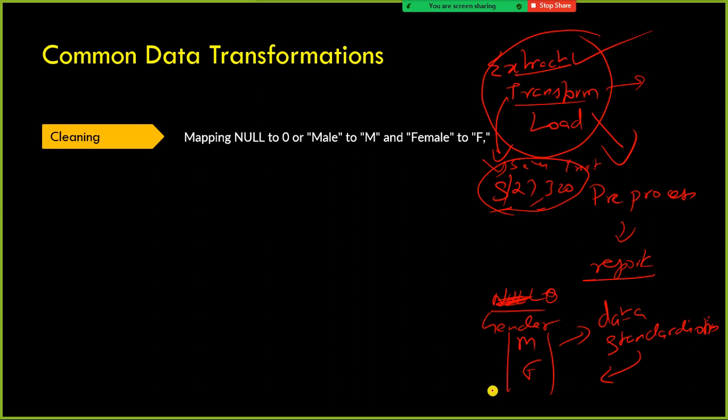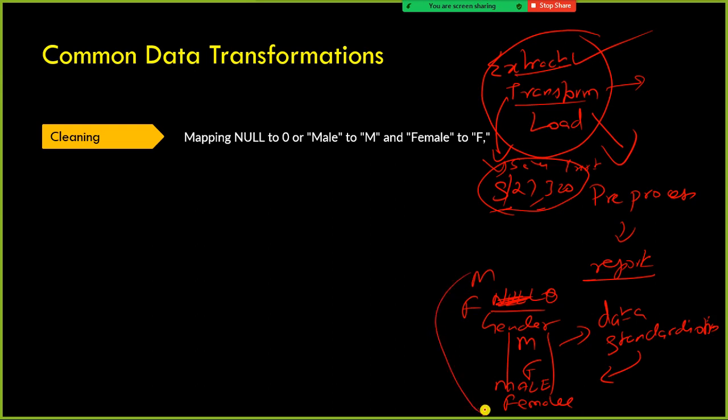We have offices spread across various locations, and in each location the staff use a different naming convention. In some locations they enter the data as male, in some female, in some M, and in some F.